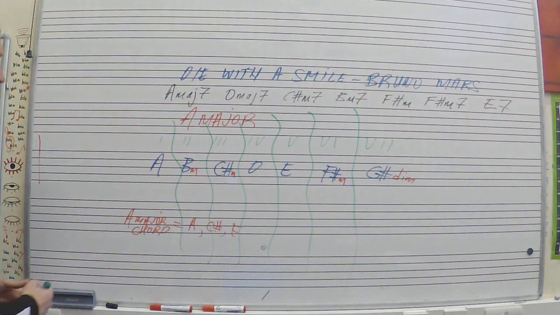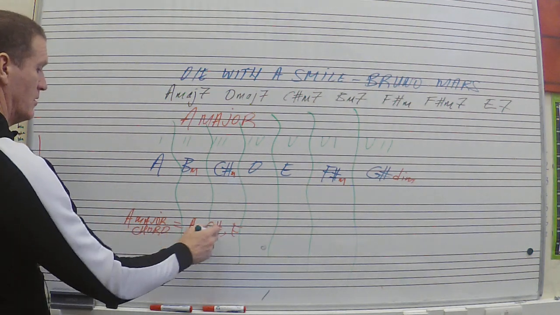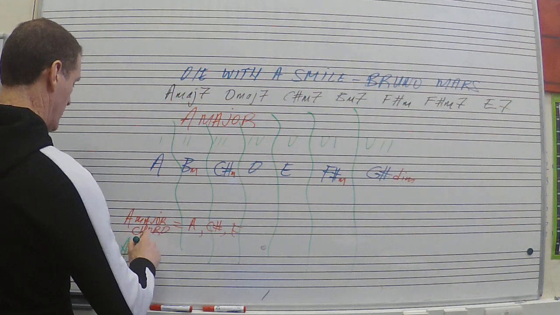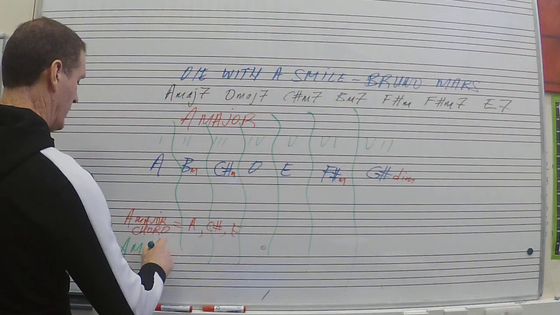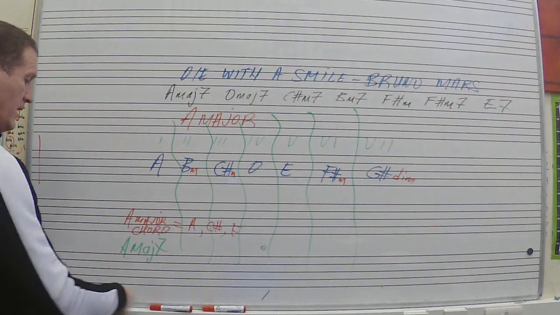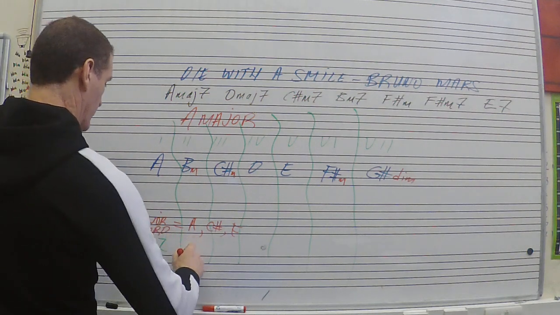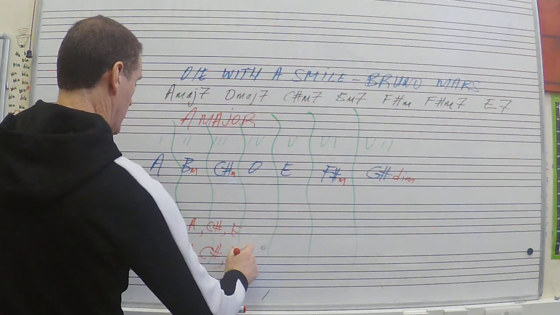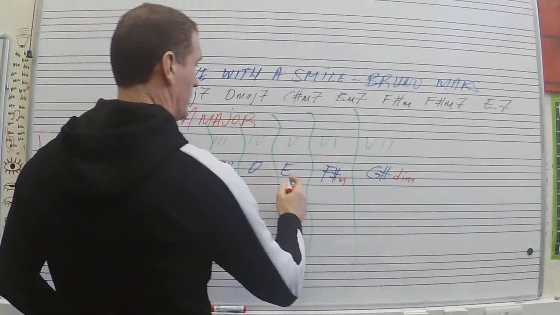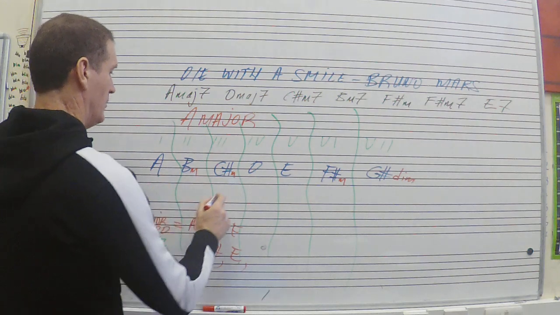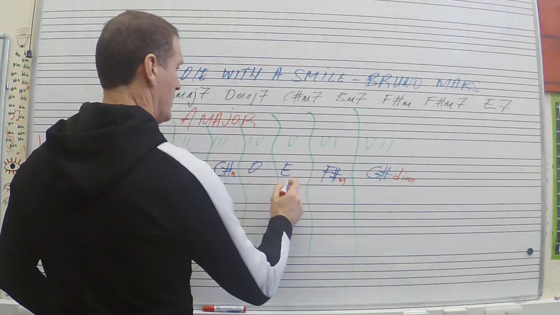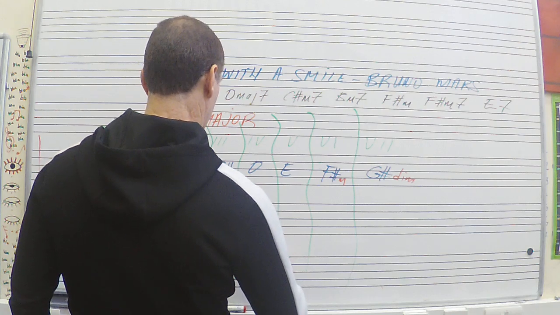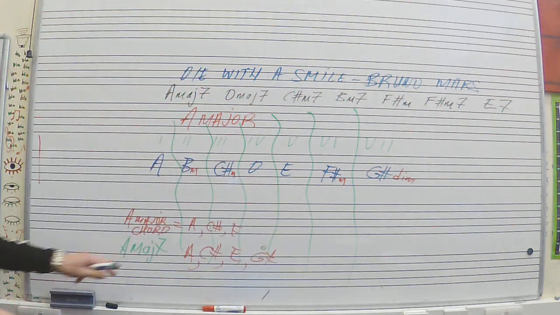So now, say for the A major chord, I'm going to turn that into a 4-note version, so it's called an A major 7, and the A major 7 has the notes A, C sharp, E, and we skip a note here, look, A, C sharp, E, G sharp, and that's how we form a chord of A major 7.